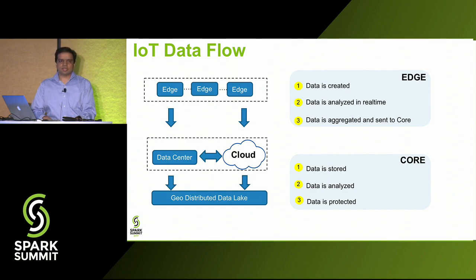Some of their analytics services are on premises, but some are also in the cloud, and some customers are consuming multiple clouds. That's where the notion of a geo-distributed data lake comes into the picture, where the customer wants to move their data across the data center and the cloud.